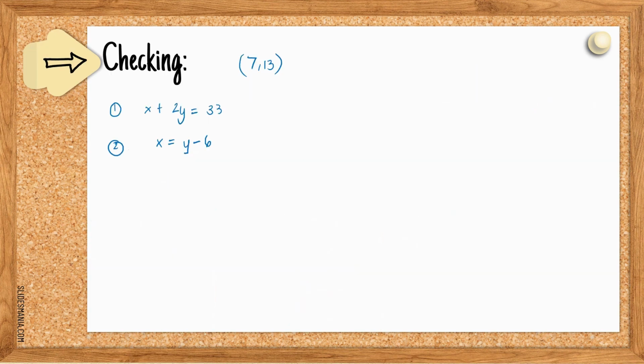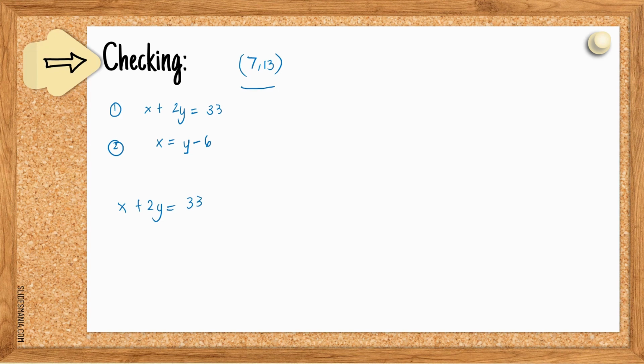Last step, we will check if our solution is correct. So let's substitute this ordered pair into each equation in the system. Let's start with the first equation: x plus 2y is equal to 33.